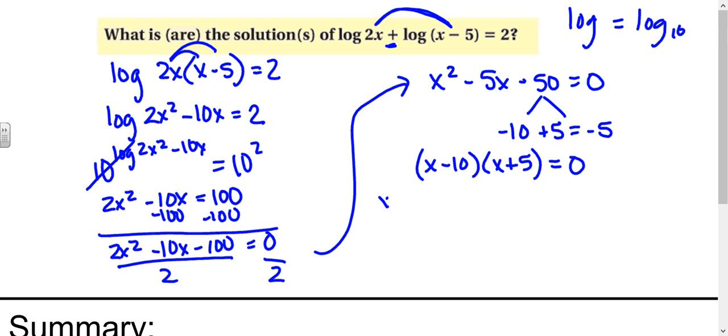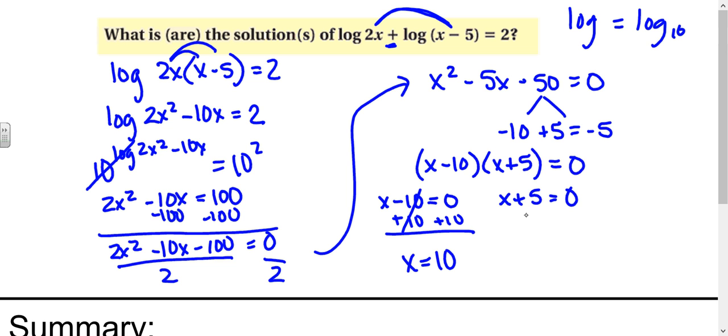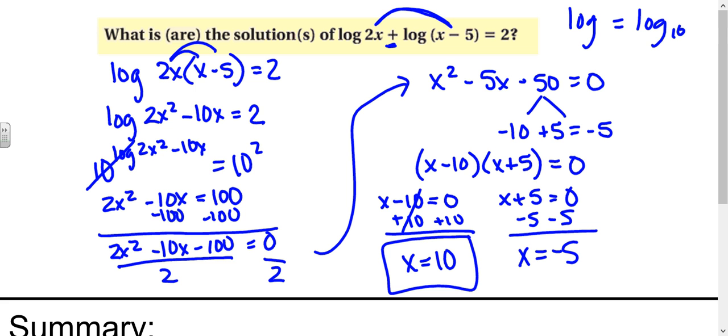So then I have to set both equal to 0 in order for this to be possible. So I would add 10 to both sides. So I get x equals 10, and then I subtract 5 on this one, and I get x equals negative 5. So those are my two solutions. And then you just want to check to see if either one of those are extraneous.